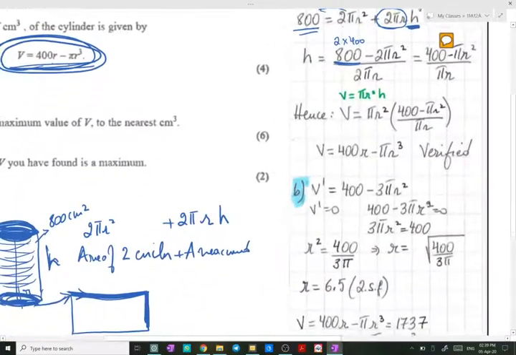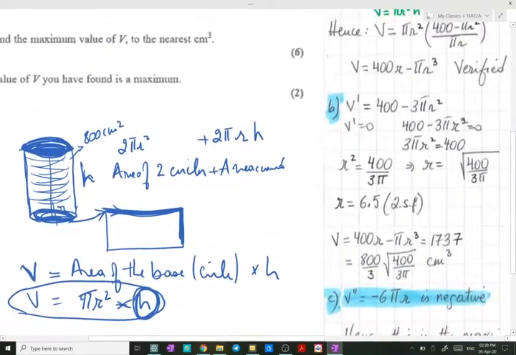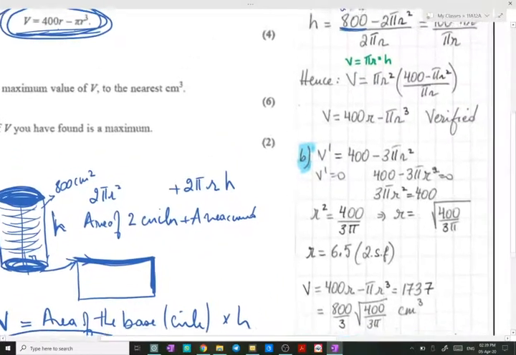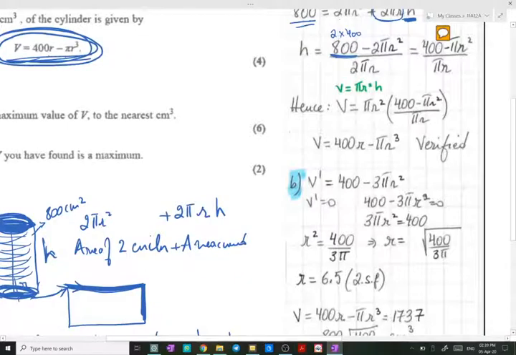Now, in order to find the volume, we already have pi r squared. Now we replace h with what we found. So we replaced h here, and then we simplify before expanding.